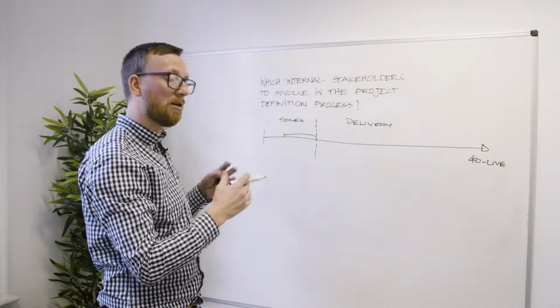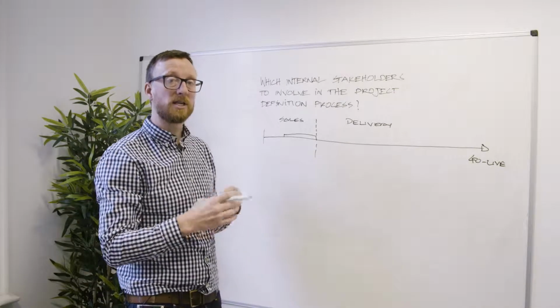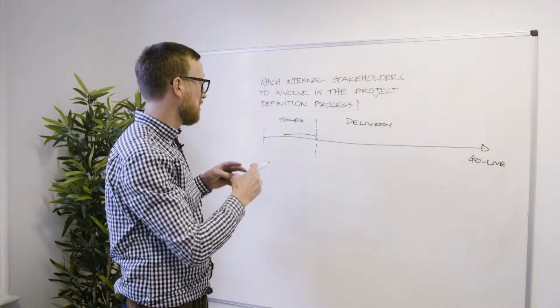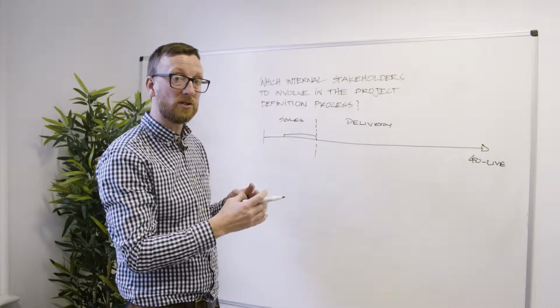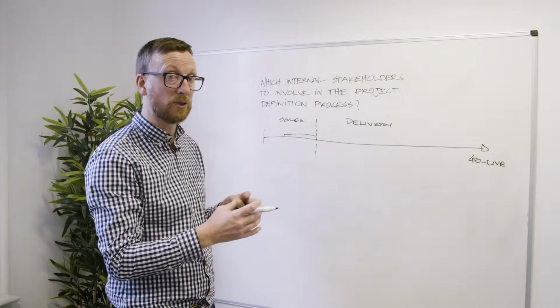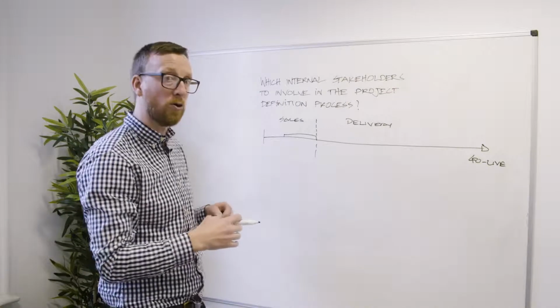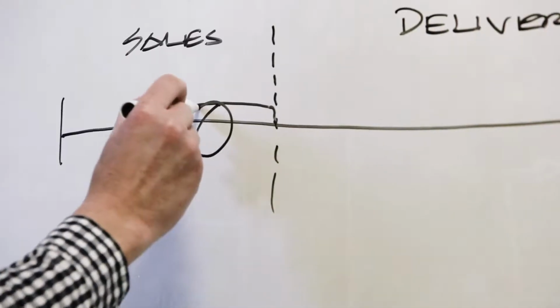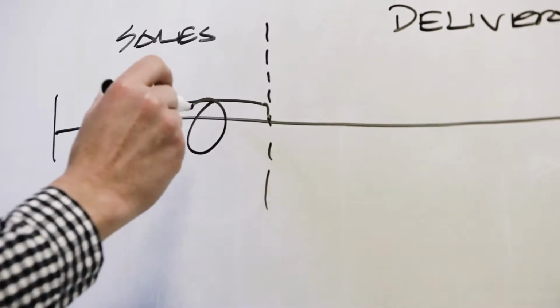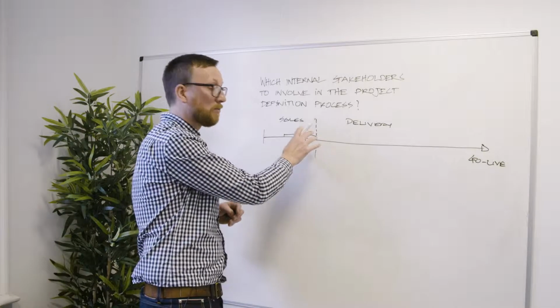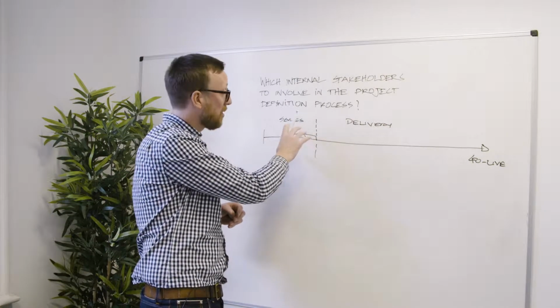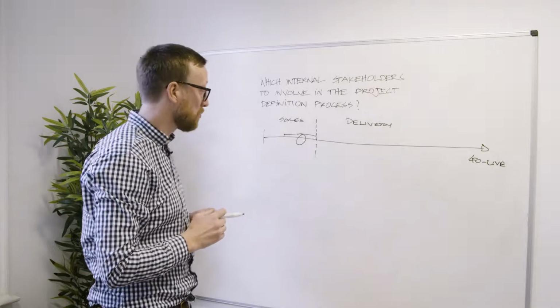So the client has expressed an interest in the Dealflo solution, and the main part of the project definition process is a workshop held between Dealflo and client called our project definition workshop, and that would happen here. Now, just to give you the context, it is happening prior to contracts being signed, so it's still part of the sales and negotiation process.